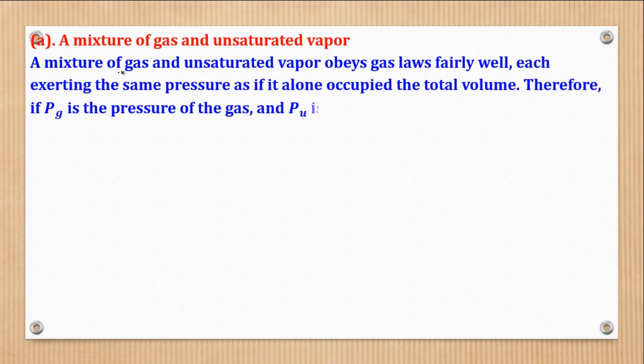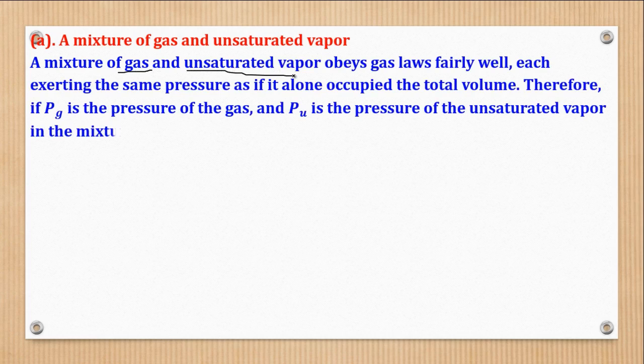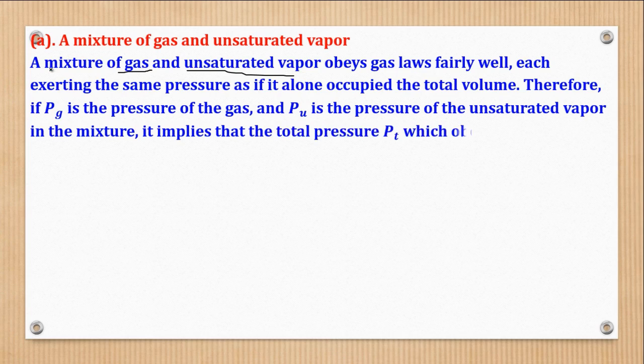Now, since both a gas and unsaturated vapor obey gas laws, it implies that a mixture of the two obeys gas laws fairly well, each exerting the same pressure as if it alone occupied the total volume.